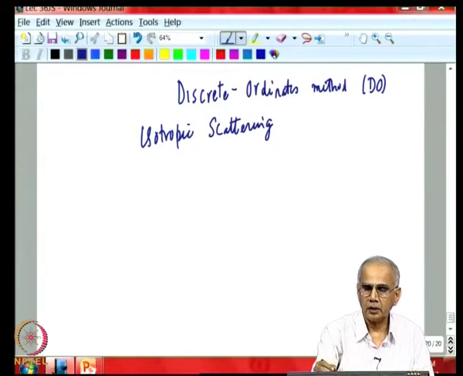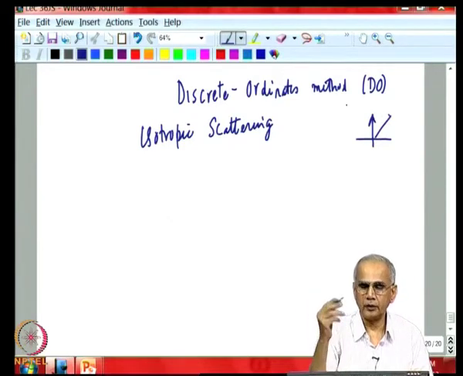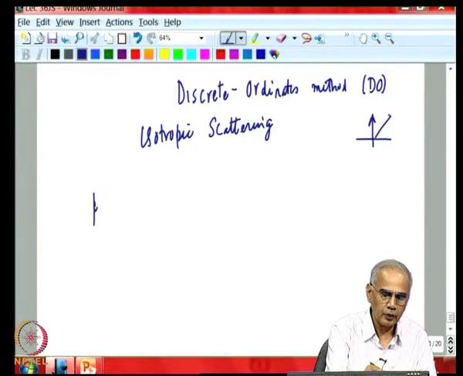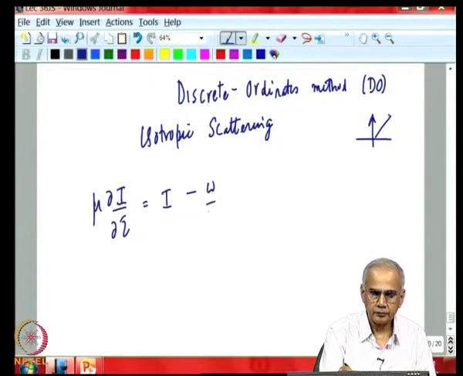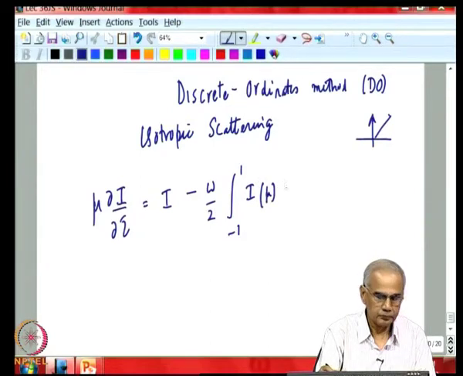Now, for radiation which is azimuthally averaged, azimuth if you recall is the angle which goes this way, this azimuth that you average over. Once you do that, your equation for intensity in the absence of emission reads like this.